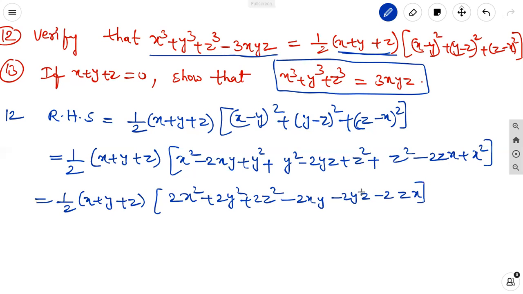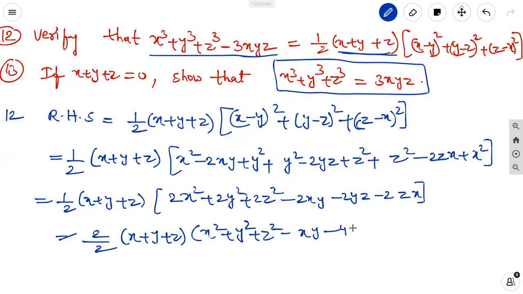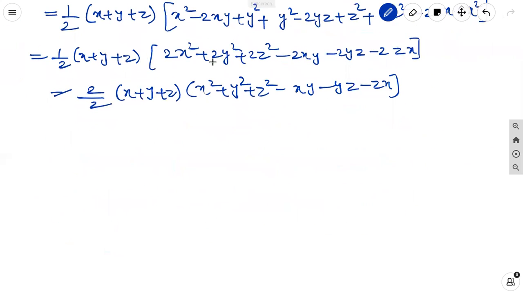Taking 2 common in the numerator from all terms, the common 2 and the denominator get cancelled. We get (x plus y plus z) into (x square plus y square plus z square minus xy minus yz minus zx).